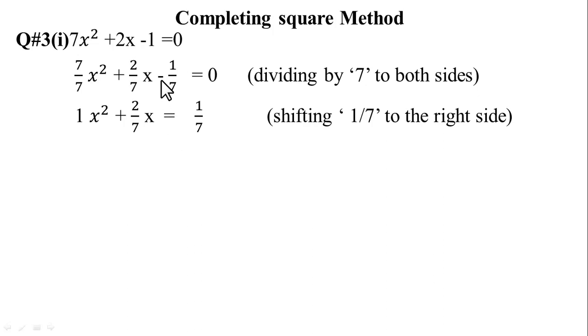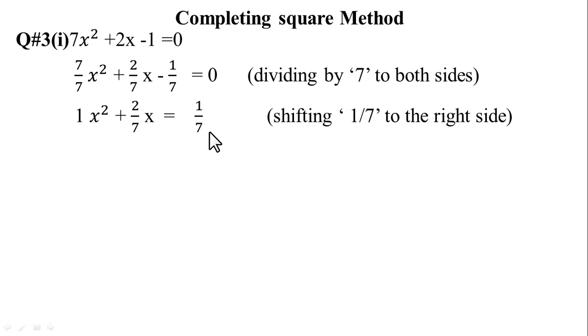Step 3, move the constant term to the other side. Here 1 by 7 is a constant term, so shifting 1 upon 7 to the right side, the equation is x square plus 2 upon 7 x is equal to 1 upon 7.